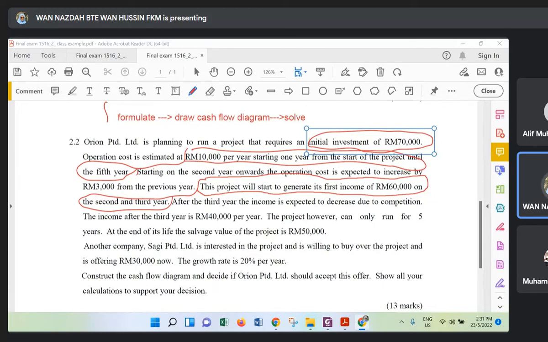Rushaidi, yours is wrong. There is no statement in the question saying that the G value, the decrement of the income for the year 3 to 4, is 20,000. So never put the value of G equals to 20,000.